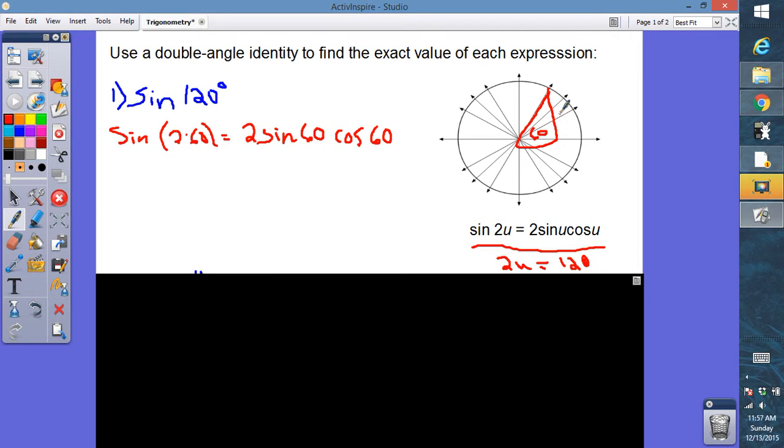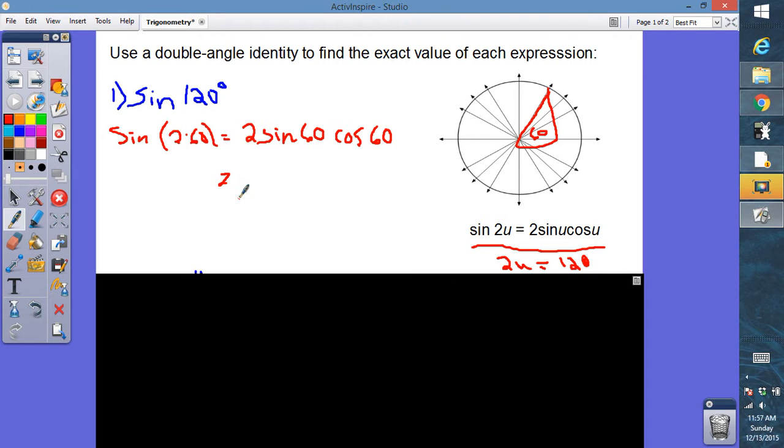You should know that the side of the triangle across from 60 degrees has length square root of 3 over 2, and the side that's across from the 30-degree angle is always 1/2 when you're dealing with the unit circle. So in this problem, 60 is our reference angle. Remember, on the unit circle, x is cosine, y is sine.